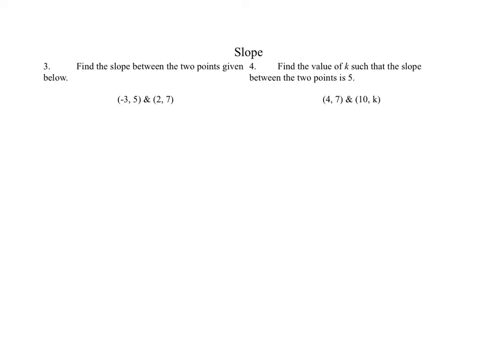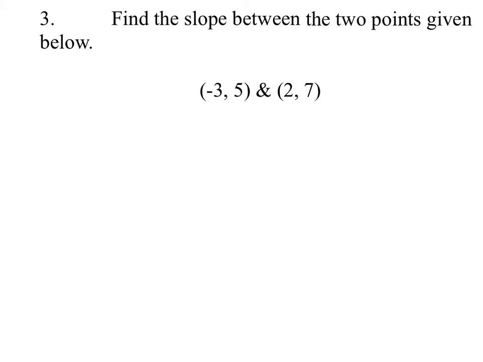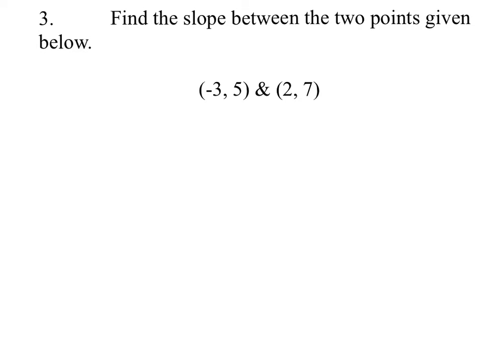On the back of this, we're looking at some stuff with slope. First up, we're trying to find the slope between a couple points. And one way that we like talking about this is realizing that we are talking about the difference in the y's over the difference in the x's. In other words, the rate of change of y compared to x. In other words, rise over run.